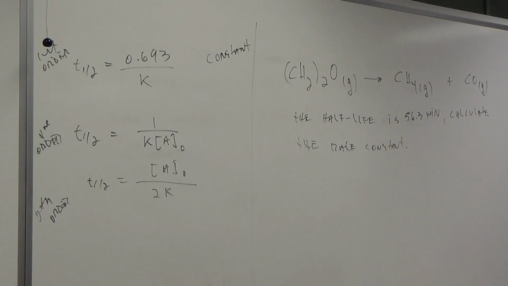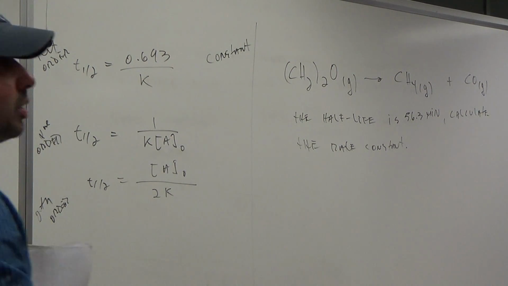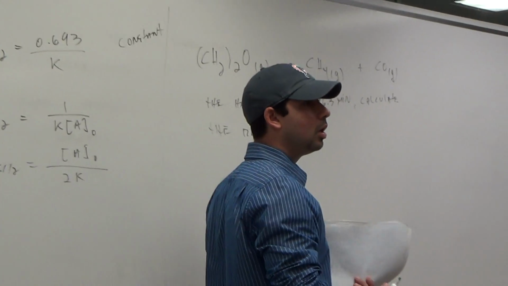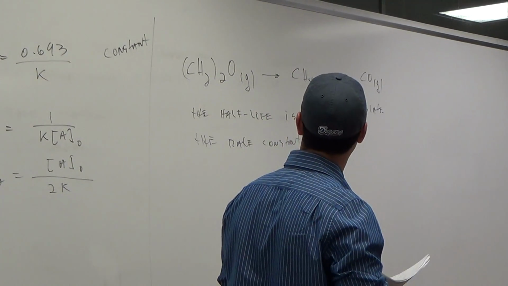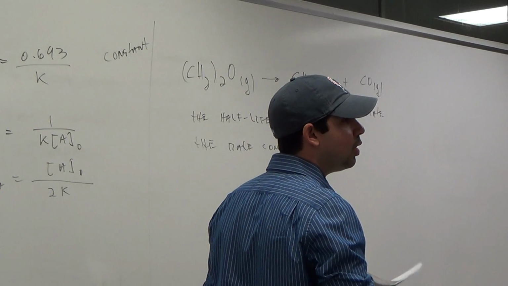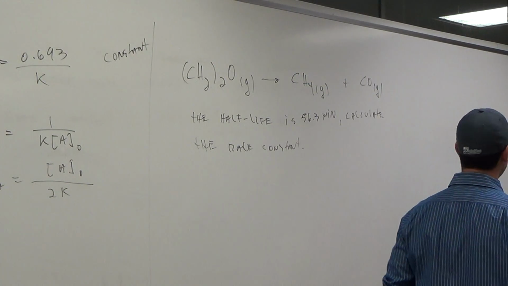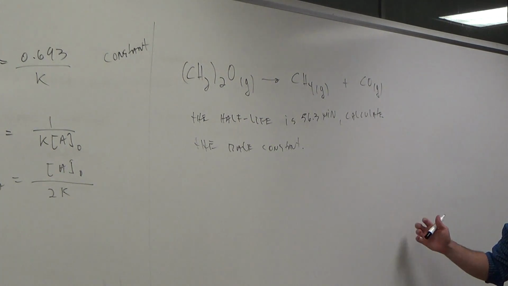How do you know if it's first, second, or zero order? What he gave you? I don't know, what do you think? I think it's first order. I guess that's the first intuition. It doesn't say it anywhere, yes?